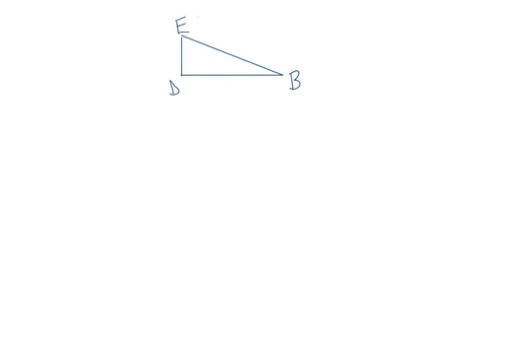From D to E we have 10 centimeters. From B to D we have 102.956. Then we are going to look for BE, which is our hypotenuse.